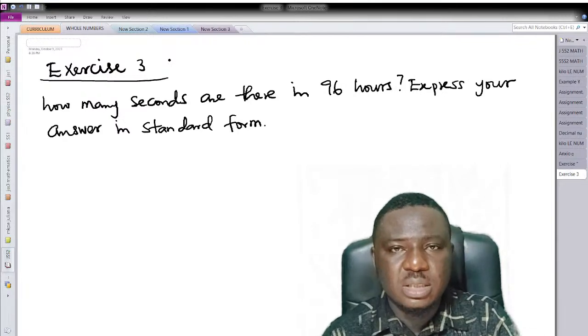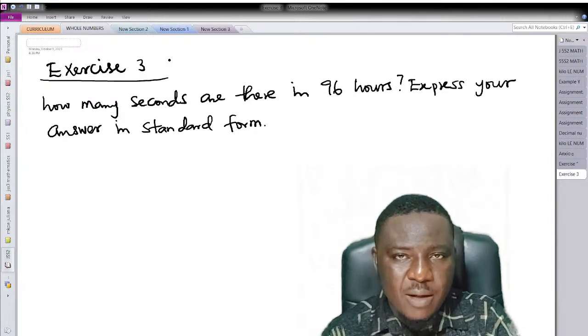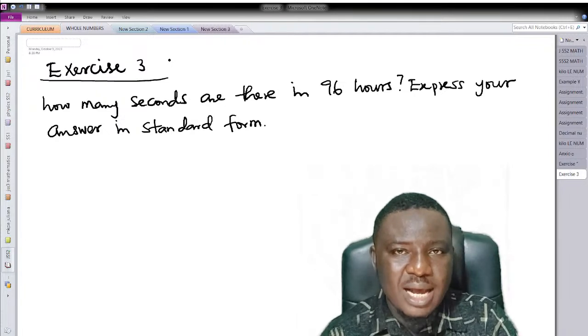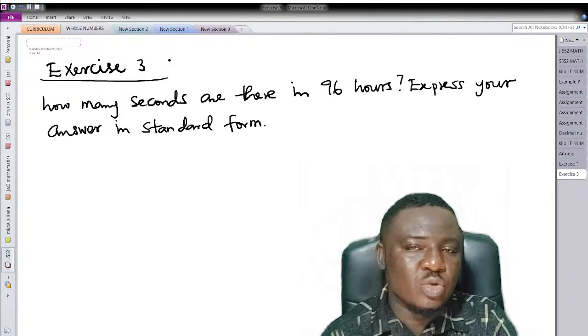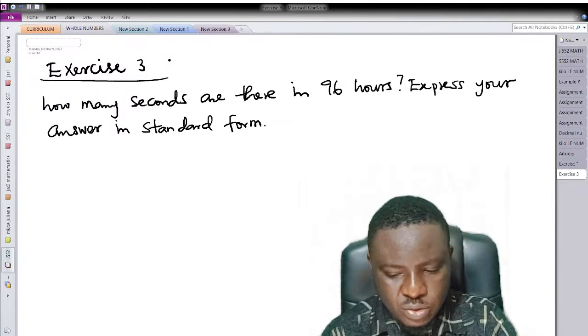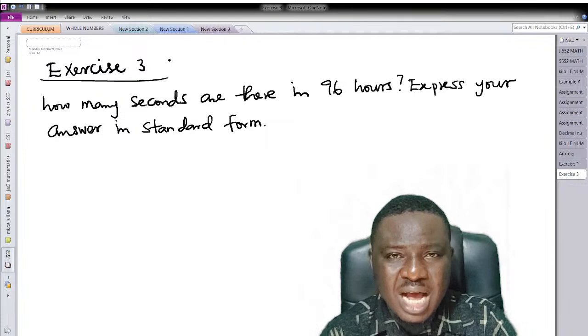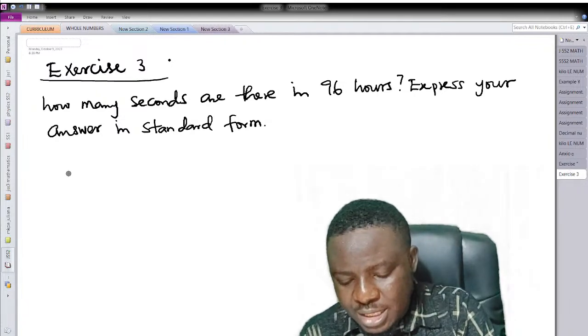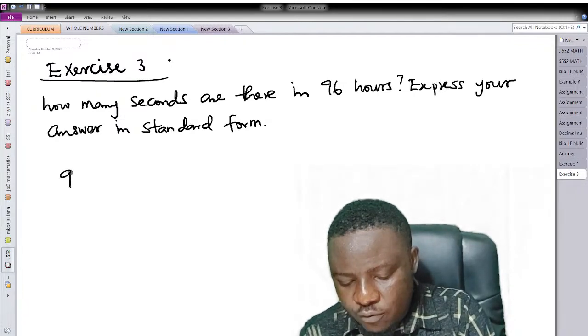We know that an hour is a multiple of minutes, and a minute is also a multiple of seconds. So we are asked to express 96 hours in seconds.